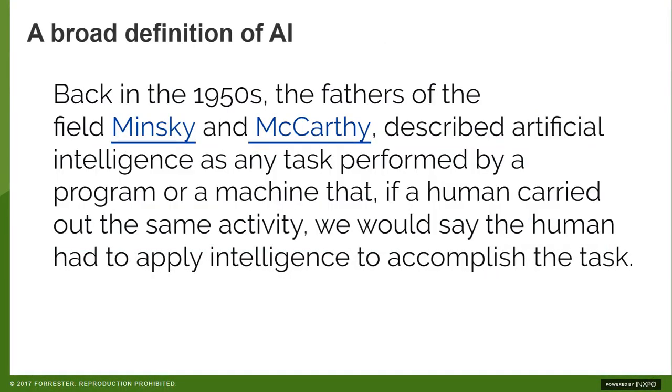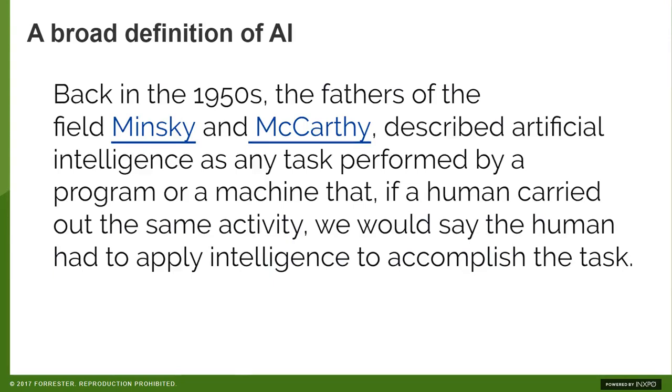But the question is, what is AI? Just to give a definition, this is a definition that Minsky and McCarthy, two of the early fathers of AI, described: artificial intelligence is a task performed by a program or a machine that, if a human carried out the same activity, we would say that the human had to apply intelligence to accomplish the task.